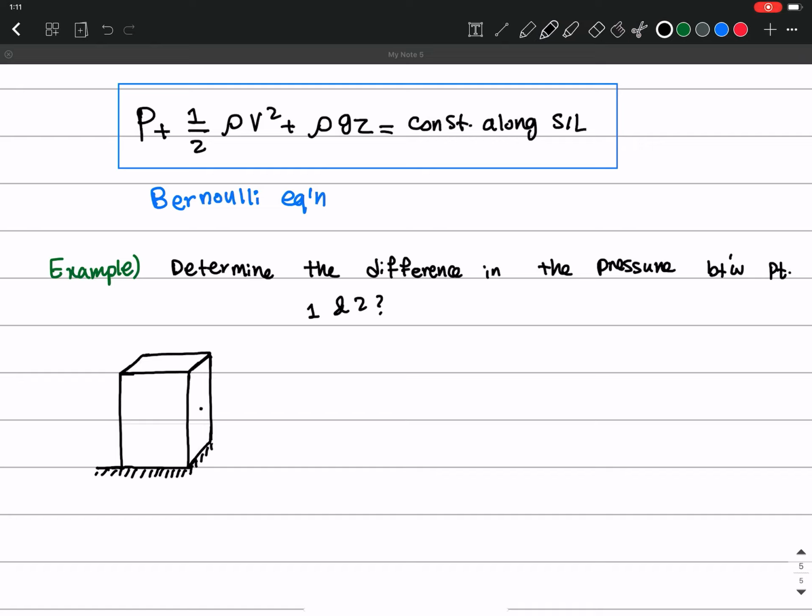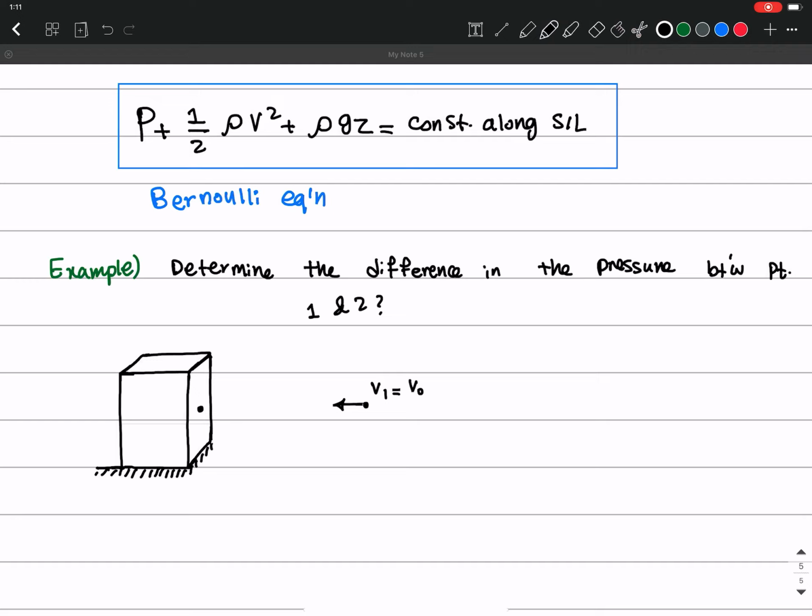Okay, so what are point 1 and point 2? So here we have point 2, and then there is wind that is blowing toward this building. The wind has the velocity of v1 equals v naught.